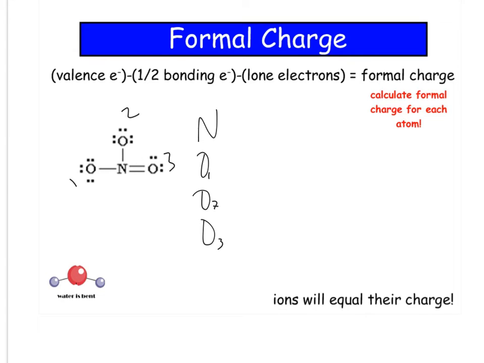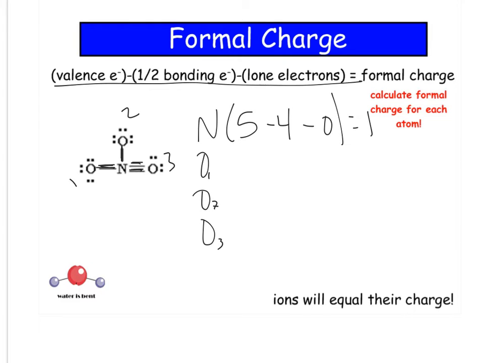So nitrogen normally has, this is the equation right here, 5 valence electrons minus half of the bonding electrons. So each line means 2 electrons. So 2, 4, 6, 8, so half of those is 4. Minus the lone electrons. Well, there aren't any lone electrons, so 0. So nitrogen's formal charge is 1.